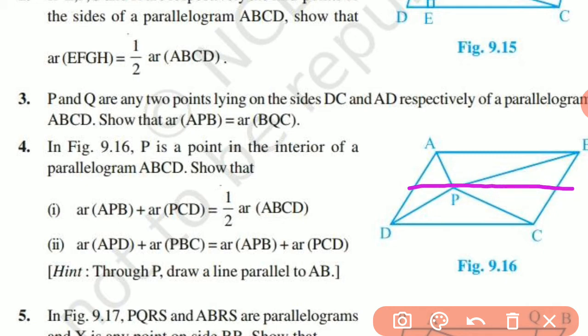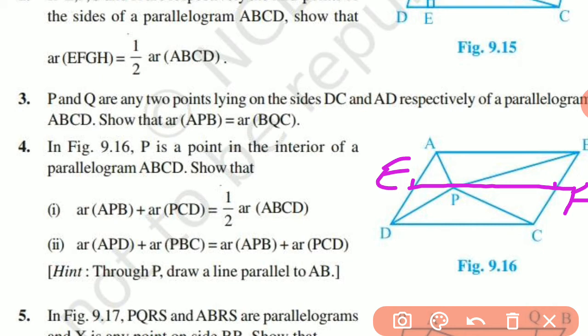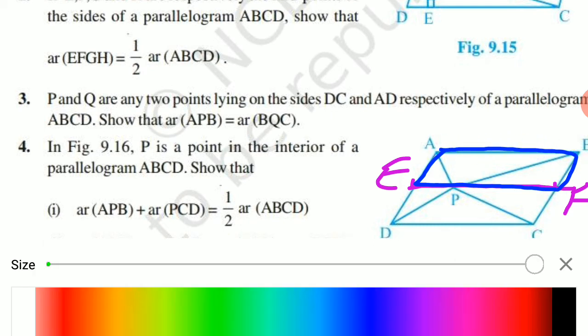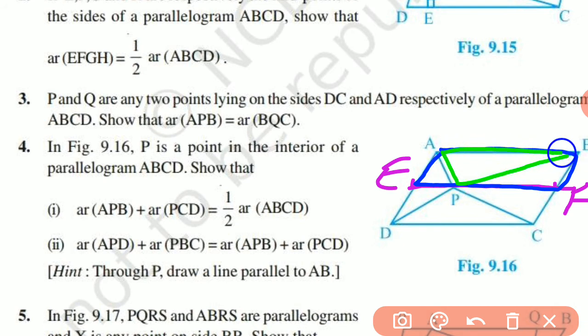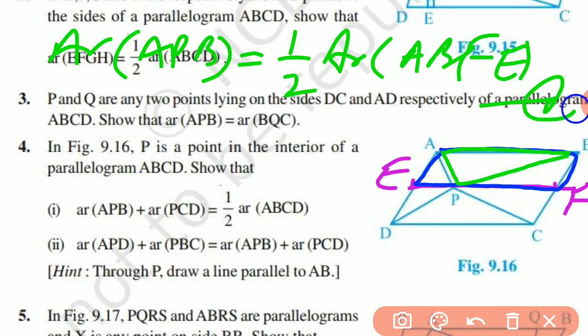Suppose this cuts these two lines at the points E and F. This is E and F. Now in this, this is the parallelogram upper side, and in this parallelogram this is a triangle on the same base, so we can write area of triangle APB equal to half of area of parallelogram ABFE. This is equation 1.